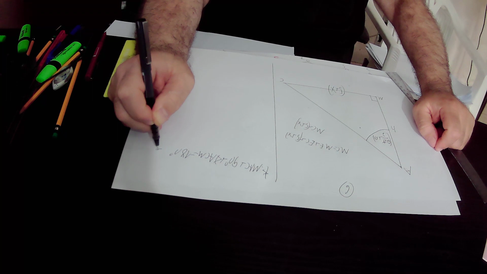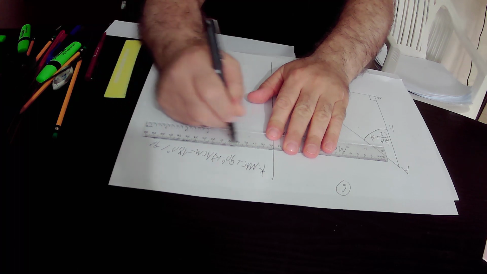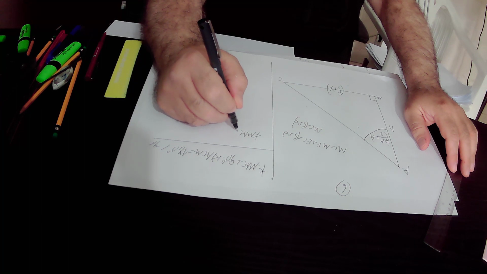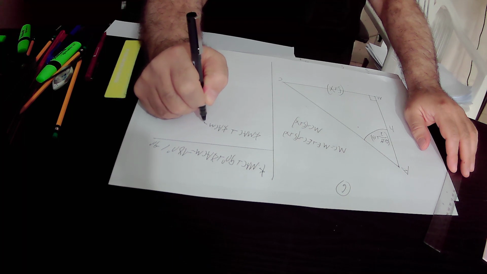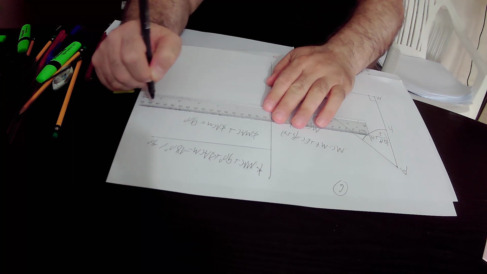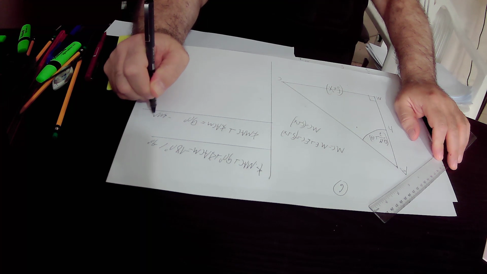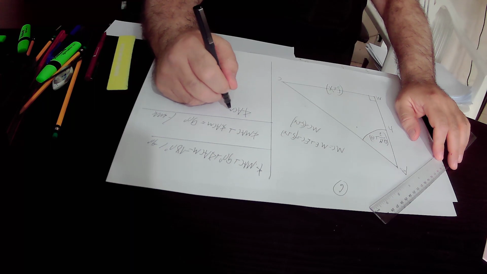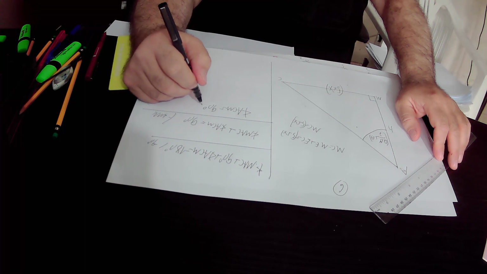We will subtract 90 degrees from this equation, and we'll get that angle MAC plus angle ACM equals 180 degrees minus 90 degrees, which is 90 degrees. Here we will subtract angle MAC from this equation, and we'll get that the angle we are looking for, angle ACM, equals 90 degrees minus angle MAC.